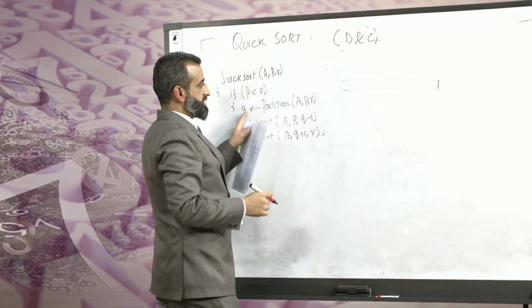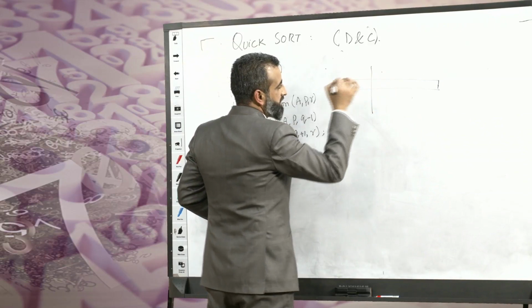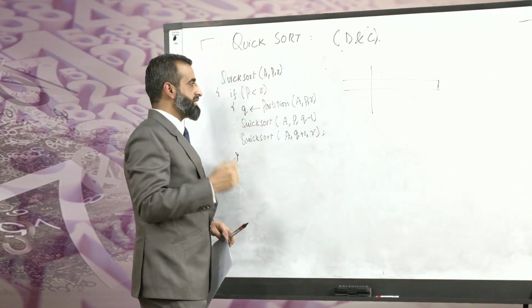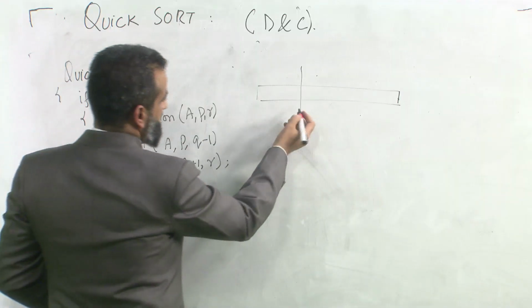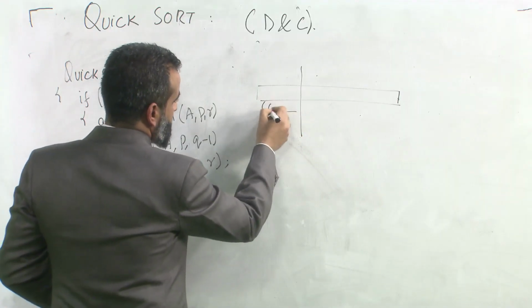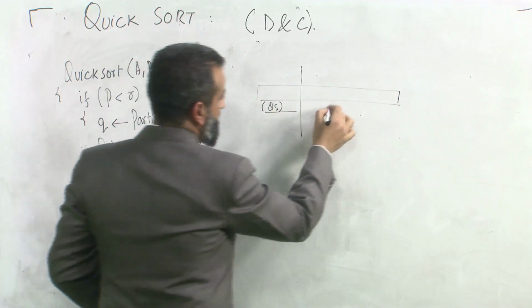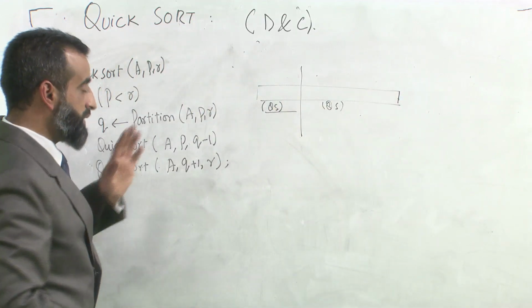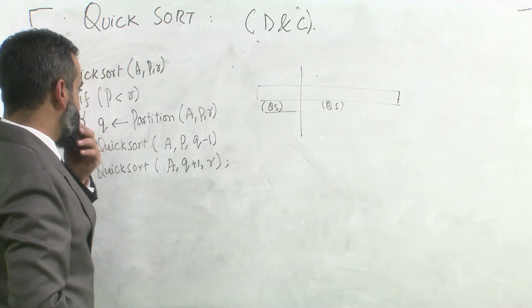The partition function returns some point where I can divide the problem into two different halves, which may or may not be of equal size. The left half will be solved by one quicksort function, and the right partition will be solved by another quicksort function.